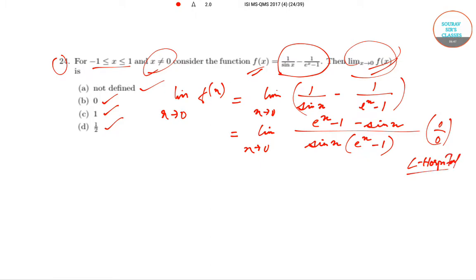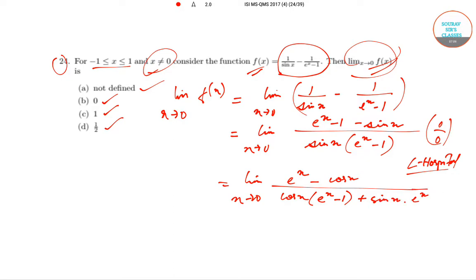On L'Hospital we'll differentiate both the numerator and the denominator with respect to x. So this will come down to the limit as x tends to 0 of (e to the power x minus cos of x) upon (cos of x into e to the power x minus 1, plus sin of x into e to the power x).